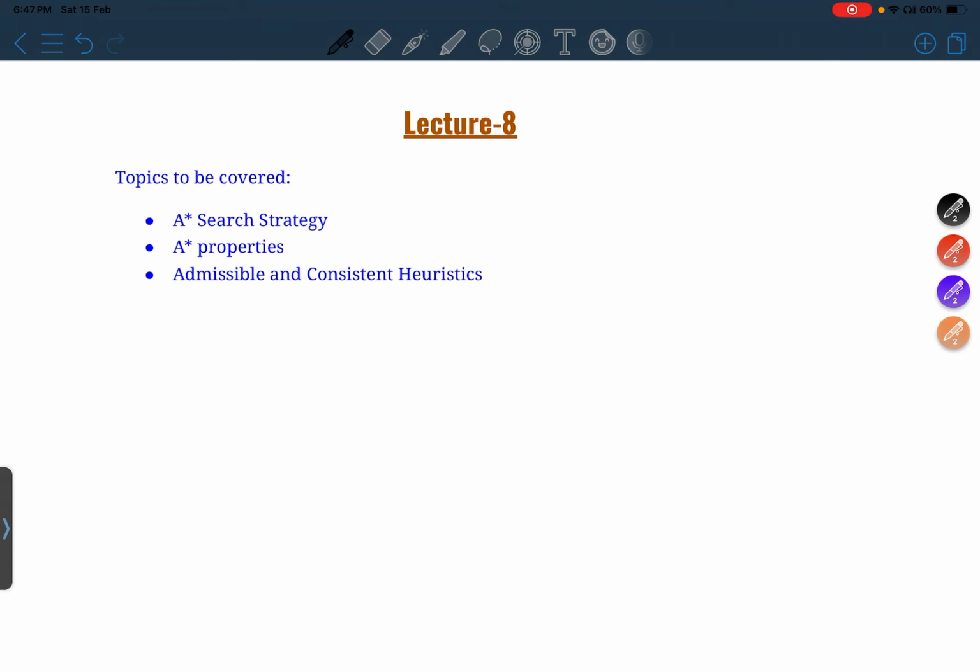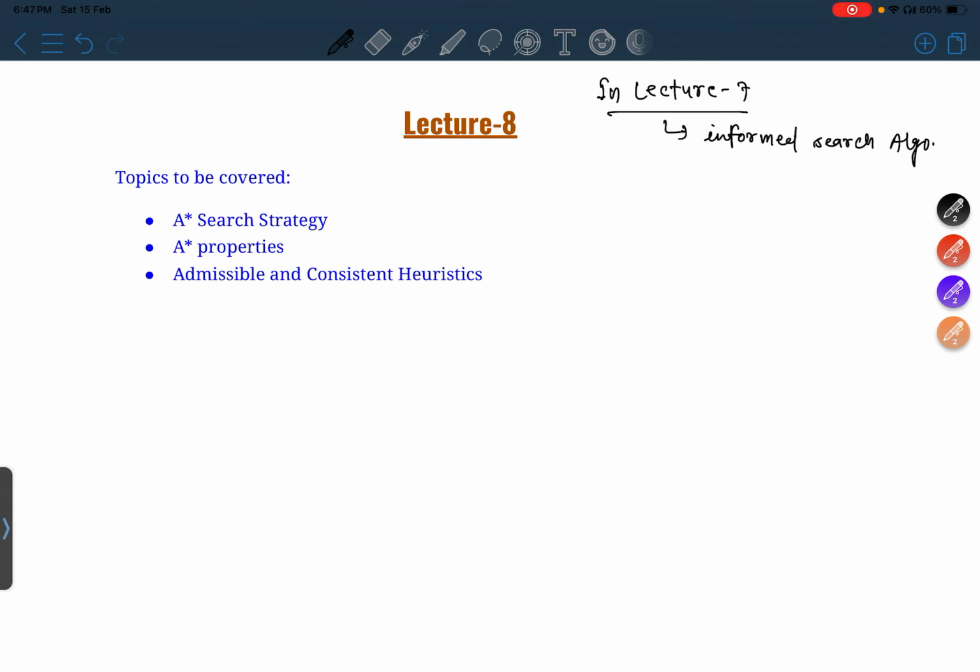So, in lecture 7, we discussed the informed search algorithms. What are informed search algorithms, and how are they different from uninformed search algorithms? What is the main difference?